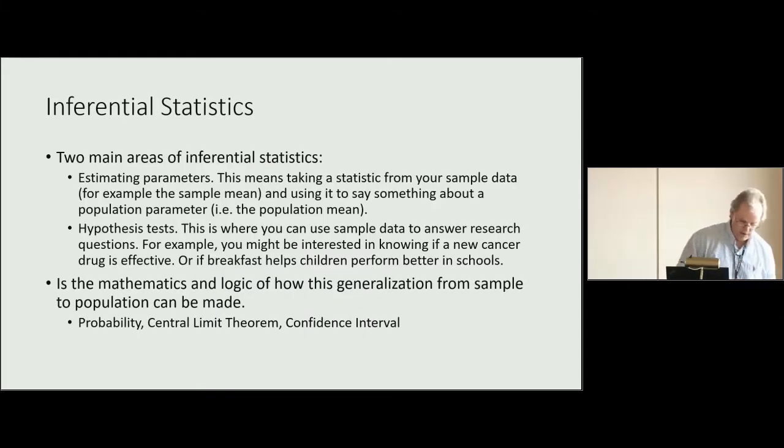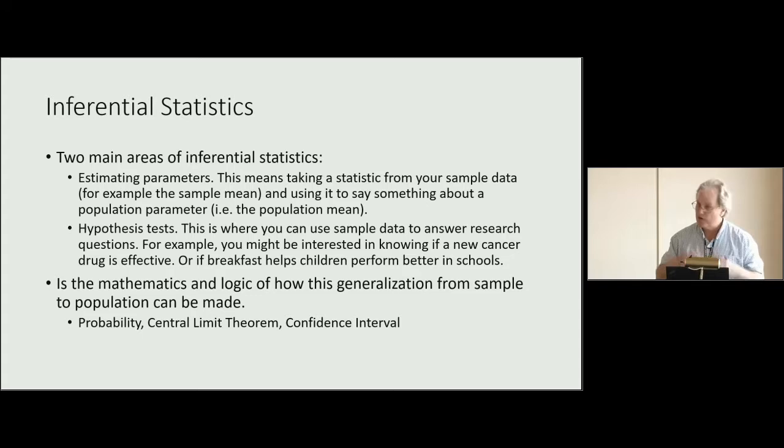Okay, so inferential statistics. There are two main areas of inferential statistics. There's estimating parameters. This means taking the statistics from your sample data, for example, the sample mean, and using it to say something about a population parameter. So now I've introduced two concepts, a statistic and a parameter, right?